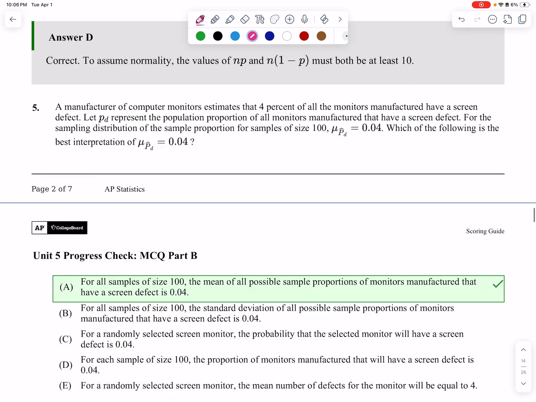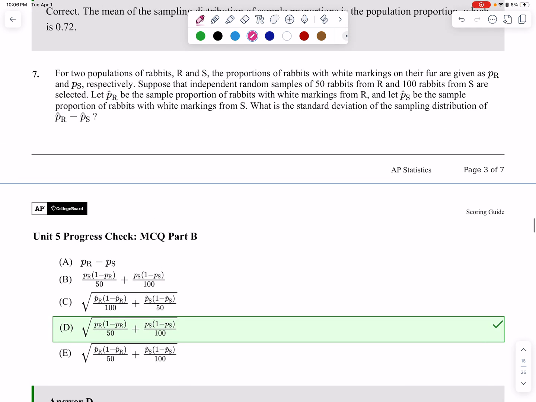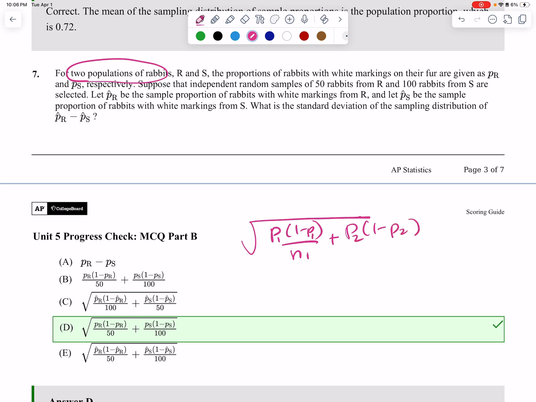Okay, let's jump to 7. All right, so this is wanting standard deviation. For standard deviation, you guys just need to see what type this is. It tells you it's 2 proportion. If you look at your formula chart, it's going to be the square root of P1(1 minus P1) over N1 plus P2(1 minus P2) over N2. This is on your formula chart under the standard deviation. And this is what a 2 population is going to be.